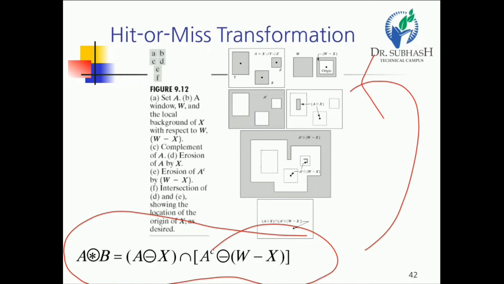Figure A is the set A, and a window W, and the local background of X with respect to W, that means W minus X, is represented in image B. Image C is the complement of image A, figure D is the erosion of A by X, and the next is the erosion of A complement by W minus X, and F is the intersection of D and E. This is the location, so we are getting the hit. This is the function of the hit-or-miss transformation.